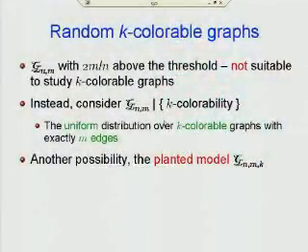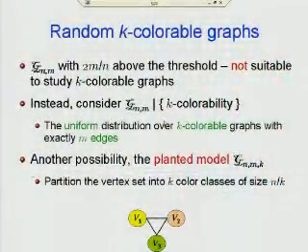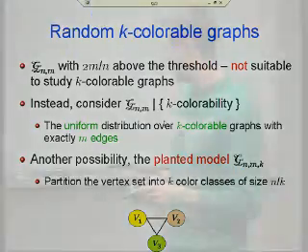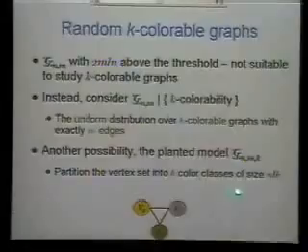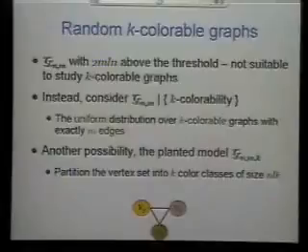You take the uniform distribution, and maybe a less natural thing to do is to consider the planted distribution, which is more approachable and easier to analyze. So what's the planted distribution? Let's think of three-colorability. You just partition the vertex set into 3 parts. Here they are of equal size, n over 3, but it is not necessarily so.